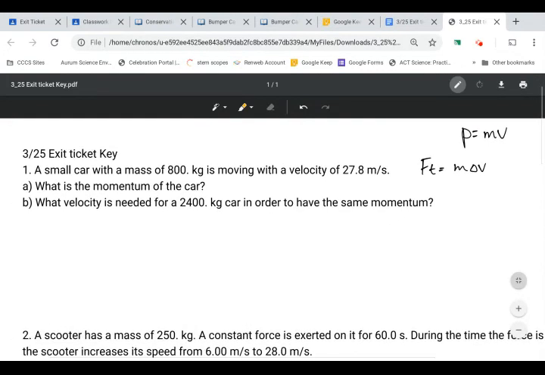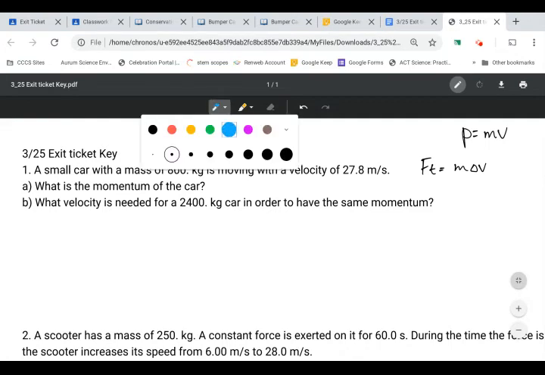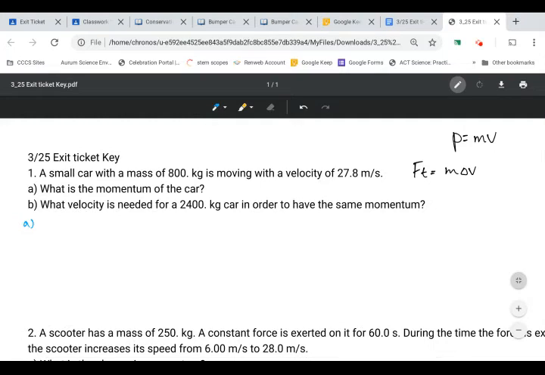And let's take a look at number 1. So when you do the problem, you write a given. You're given m equals 800 kilograms, and then your velocity v is 27.8 meters per second.